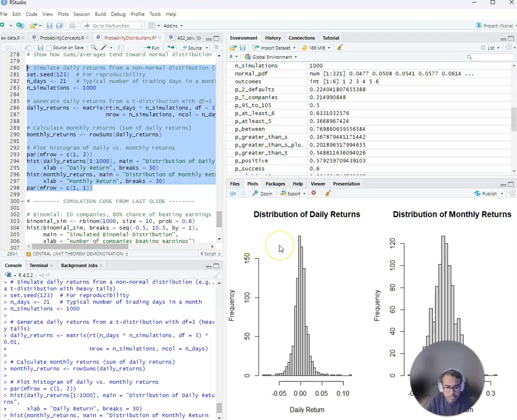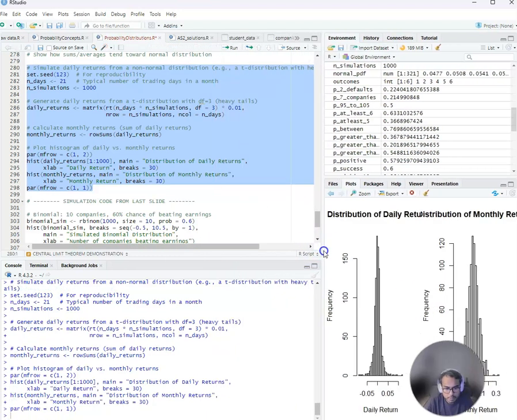So this is what we get. For the daily return, it's a little more granular. For the monthly returns, it's a little more smooth in that sense.